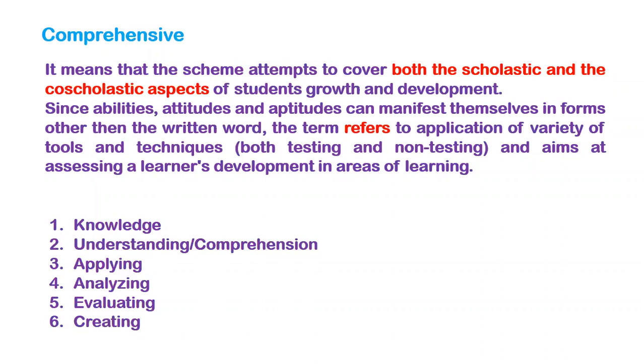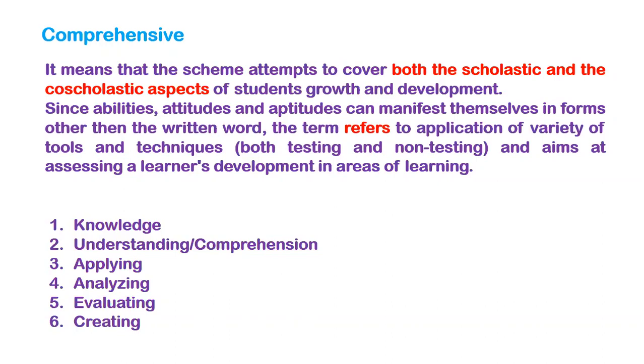So this scheme attempts to cover the scholastic and co-scholastic aspects of students' growth and development. We will discuss what is co-scholastic and scholastic. Now here, as you can see, from knowledge to creativity level, it is based on Bloom's taxonomy.